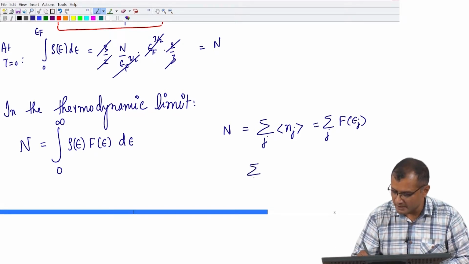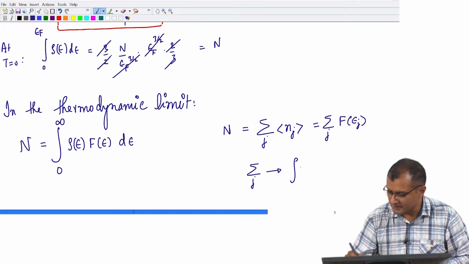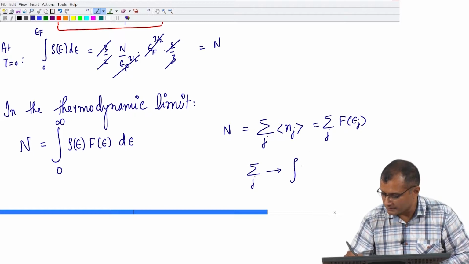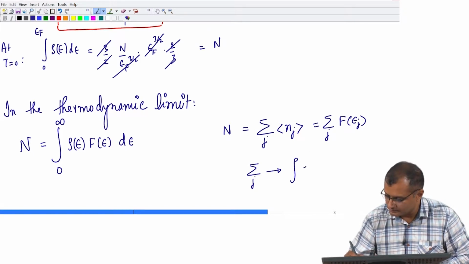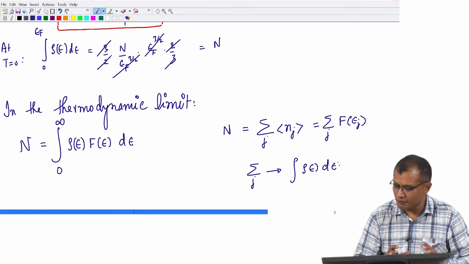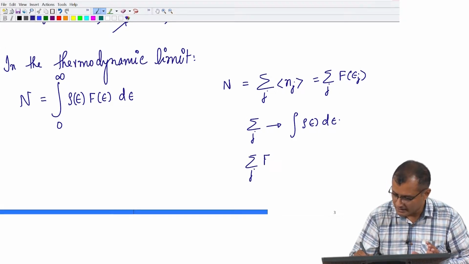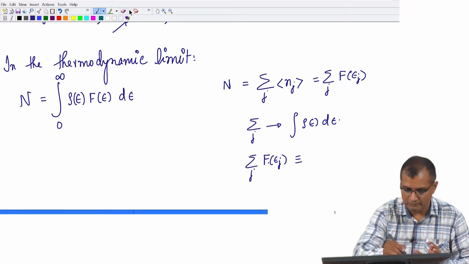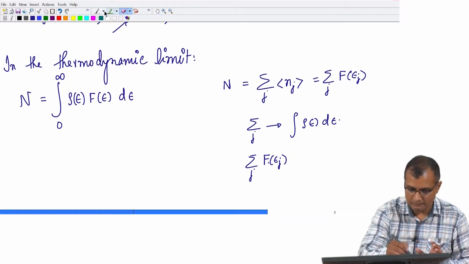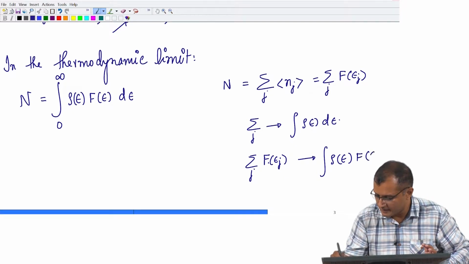So, my summation has basically become an integral, which is overall density of states, and whatever function that I wanted to compute, that is my summation over j f epsilon j, will simply become integral rho E f E dE.